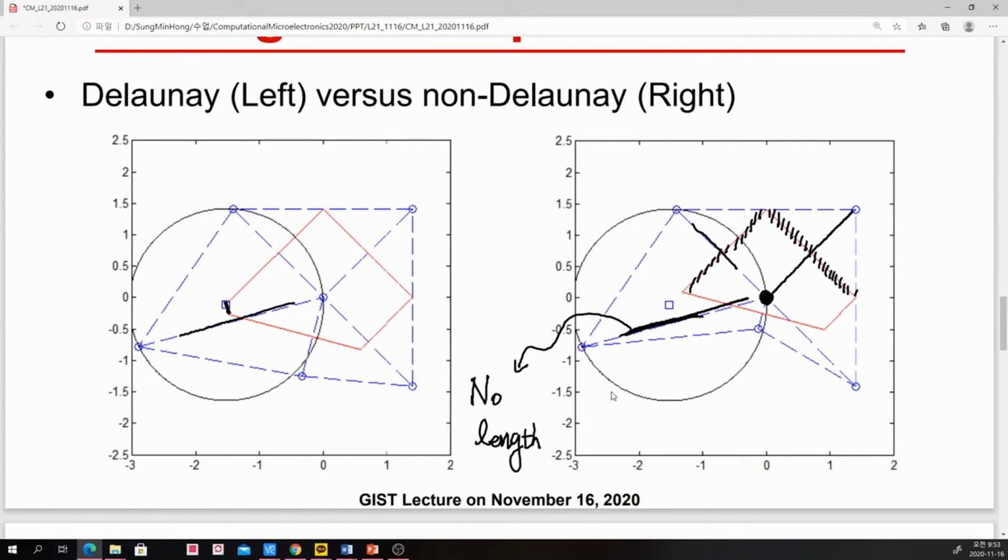And how about this? If we consider this short edge, then we have here, this is the length, the perpendicular line. And finally, if we consider this edge, then this is the length.